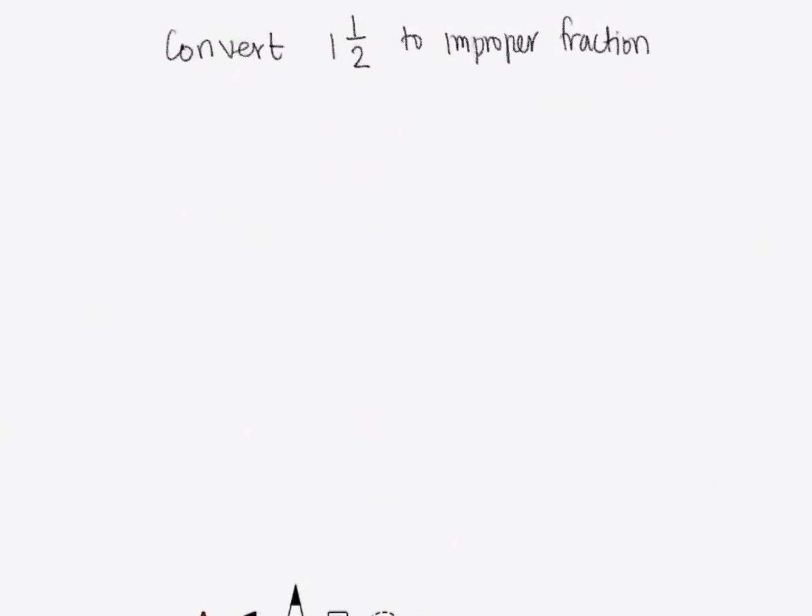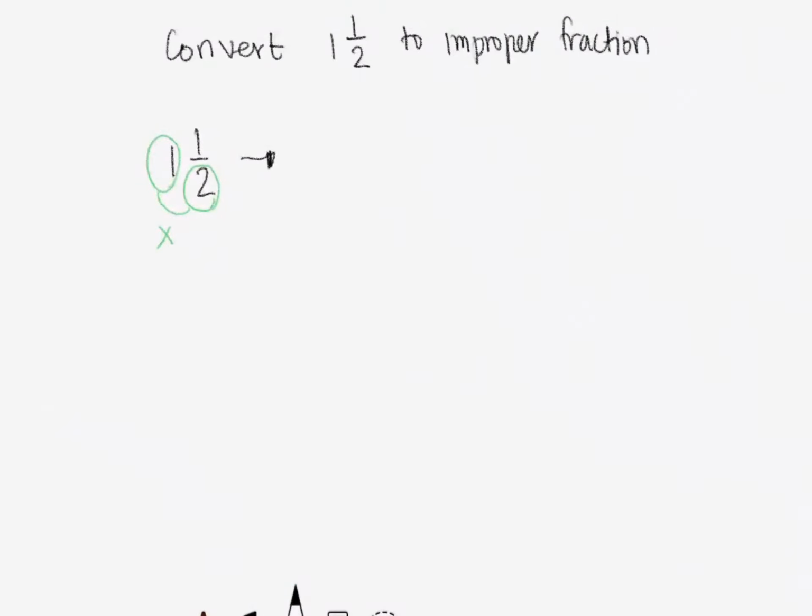So convert 1 and 1/2 to improper fraction. So we are given a mixed number which is 1 and 1/2. Now, in order for us to convert this sa improper fraction, the first step is i-multiply natin yung denominator na 2 doon sa whole number. So, let's multiply it.